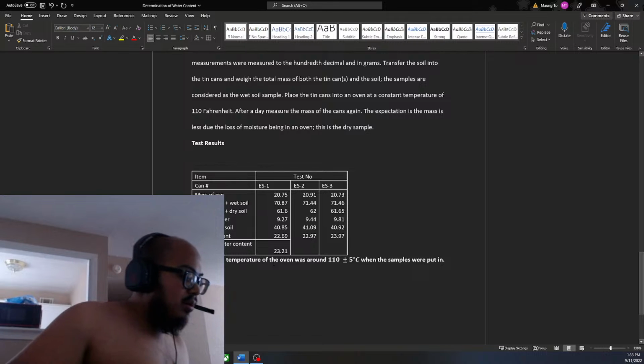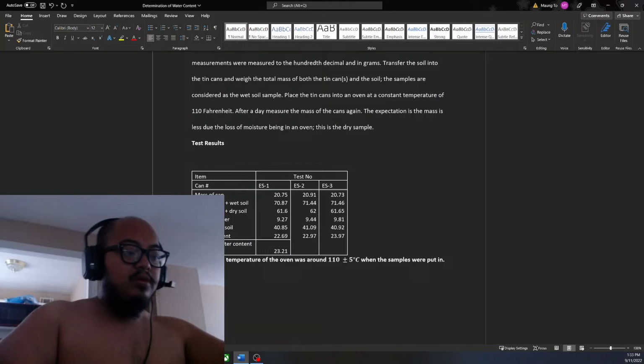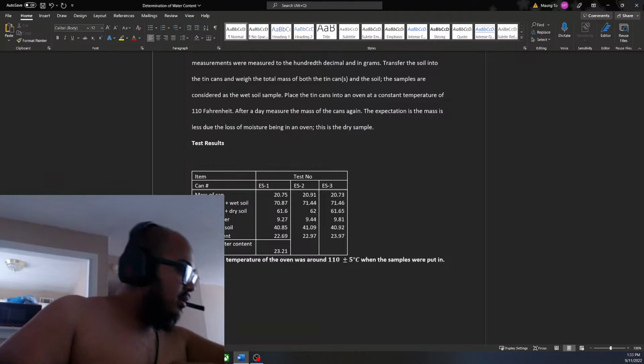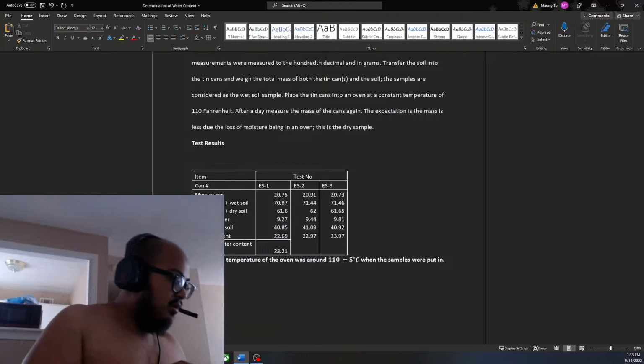Data sheet and sample calculations. Okay. Oh, I should probably mention what I had to calculate actually. I think I had to calculate the mass of the moisture.